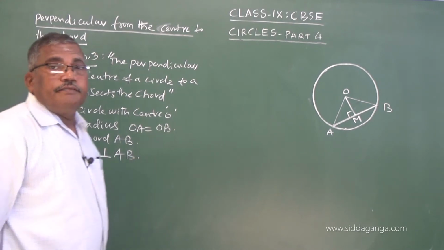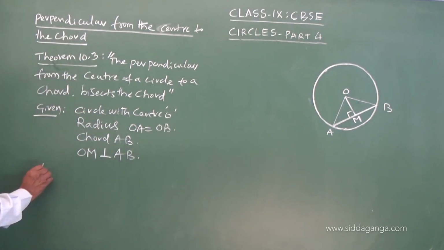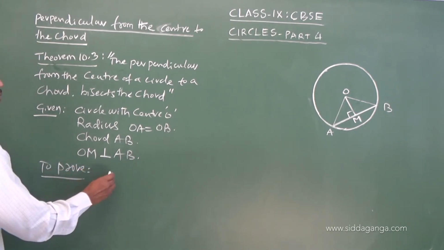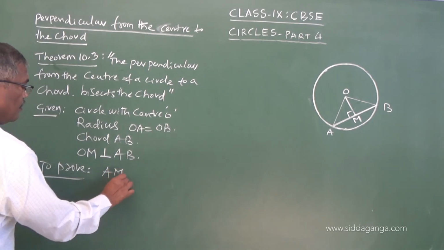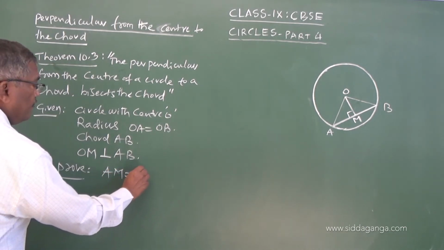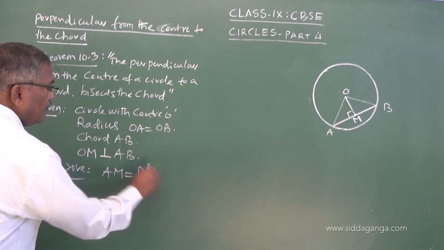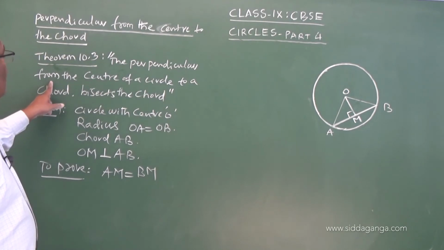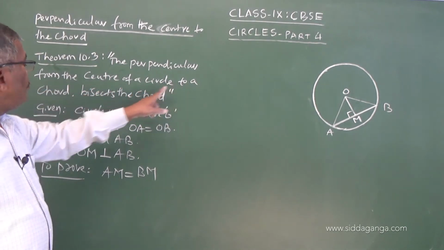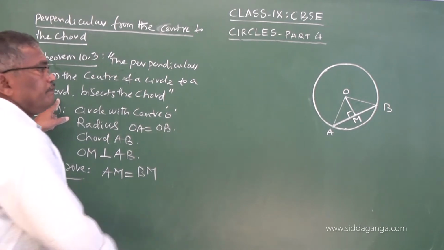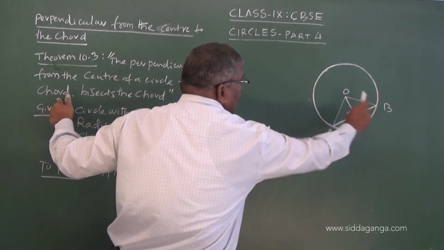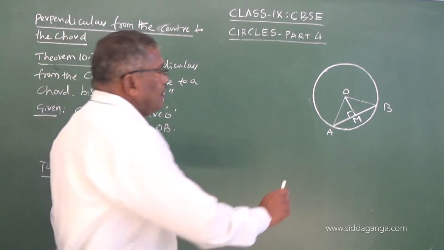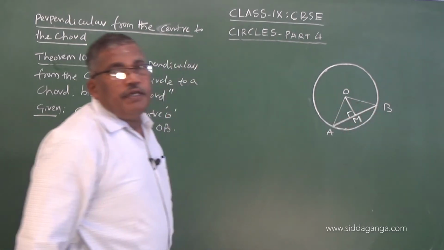This is also given. Now to prove: AM equals MB. Now read this statement: the perpendicular from the center of a circle to a chord bisects the chord. So OM is perpendicular to AB, and we have to prove AM equals MB.